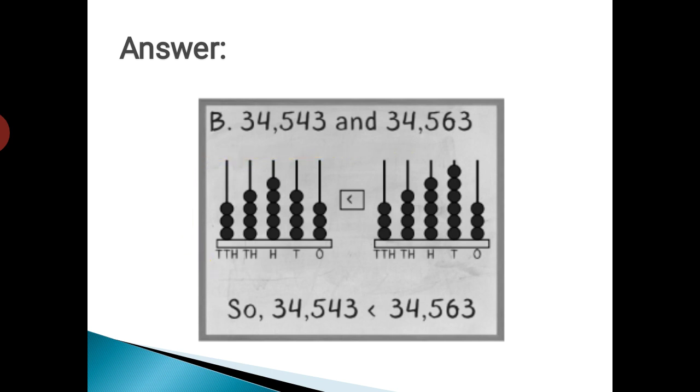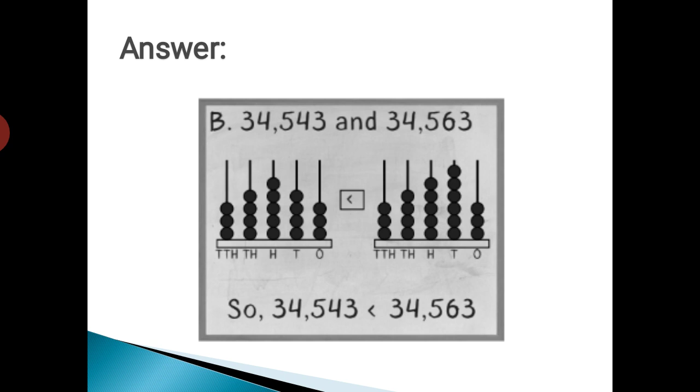Whenever we need to compare two numbers, we begin from the highest place. Here the highest place is 10,000. At the 10,000 place we have 3 in both numbers. Then looking at the thousands place we have 4. Then looking at the hundreds place we have 5.